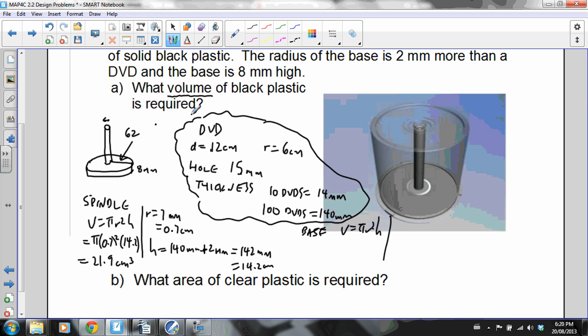Well, 6 centimeters is 60 millimeters plus 2, 62 millimeters. And the height was one of the only things given in the question, 8 millimeters, which is 0.8 centimeters. 62 millimeters is 6.2 centimeters. Notice I've changed everything into centimeters, so I'm going to stick with that.